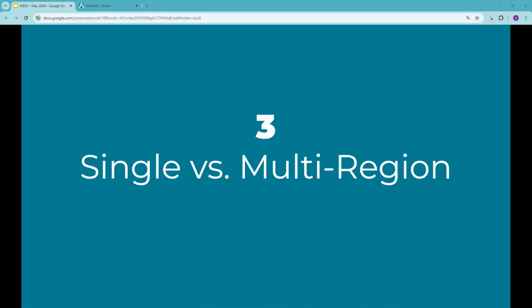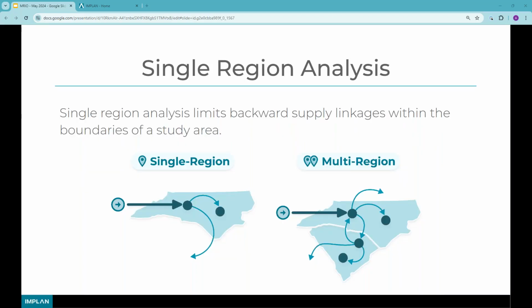So just to have a little comparison between the two, single region versus multi-region analysis. In a single region analysis, we are limiting the backward supply linkages within the boundaries of this single study area. So in this case, we have the state of North Carolina. We're modeling an effect here in the state of North Carolina. We know that we're going to buy some goods from producers within our state.